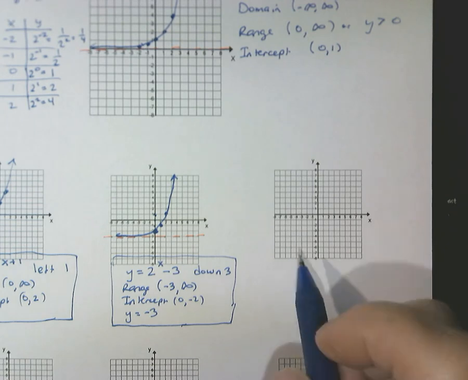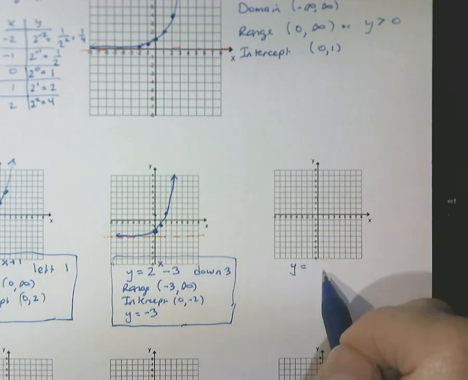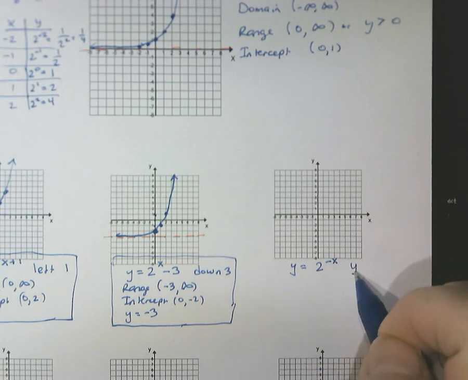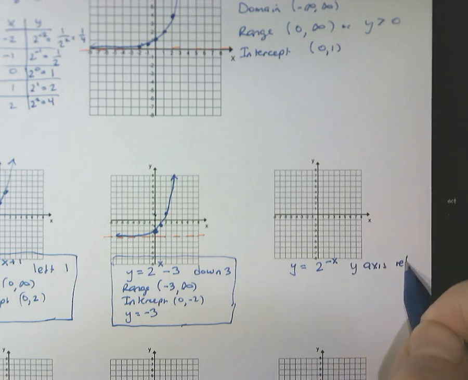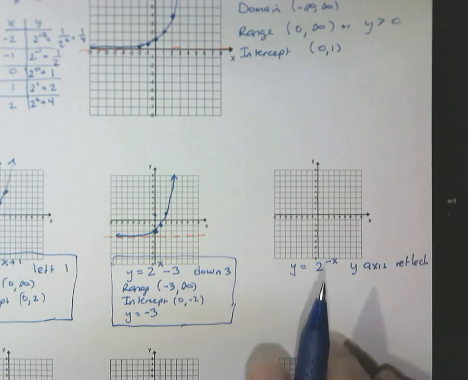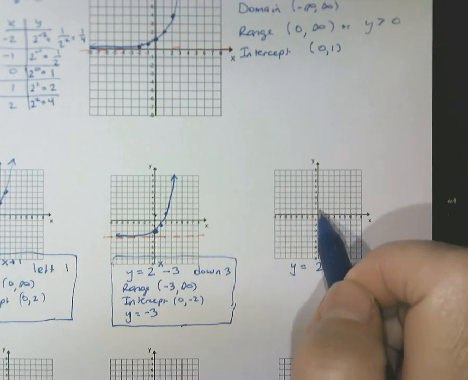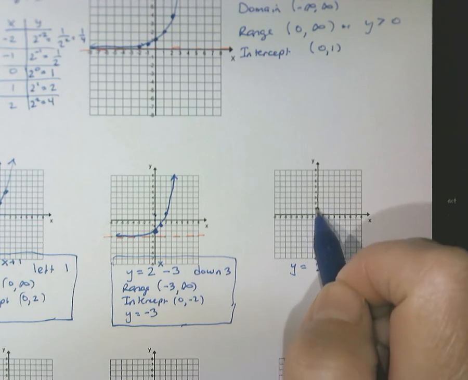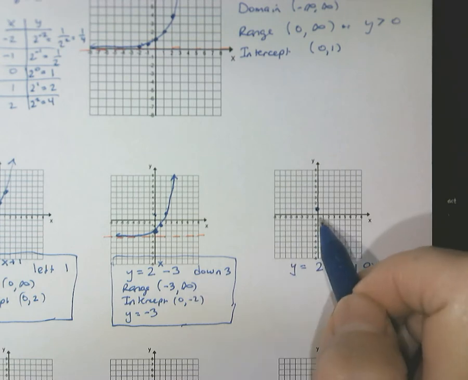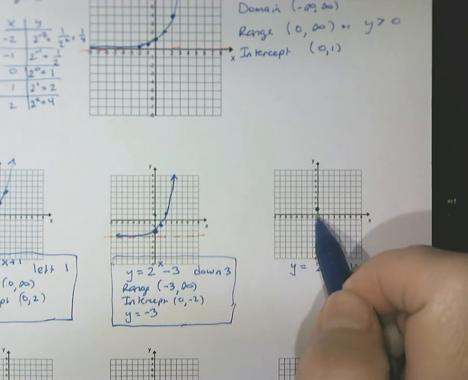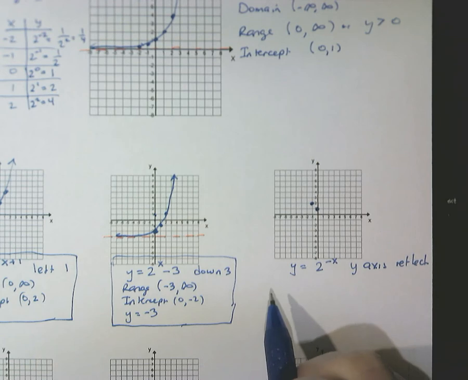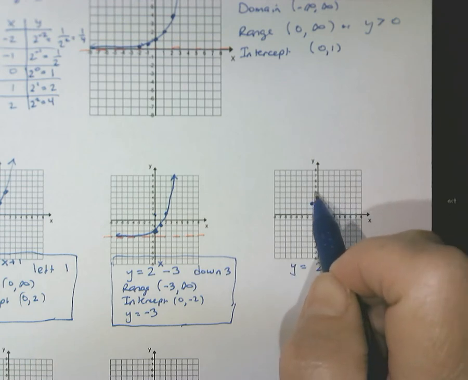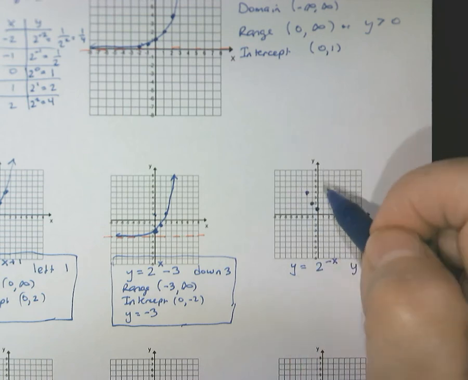The next one I'm going to do is y equals 2 to the negative x power. This is going to be my y-axis reflection. So if I think about the point 0, 1, if I reflect it, it's going to stay right there. This 1, 2 is going to come over here to negative 1, 2. 2, 4 comes over to negative 2, 4.